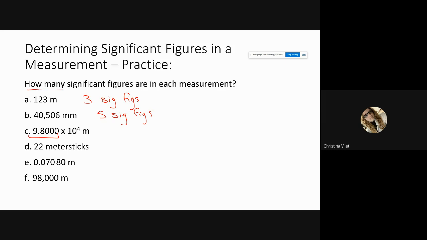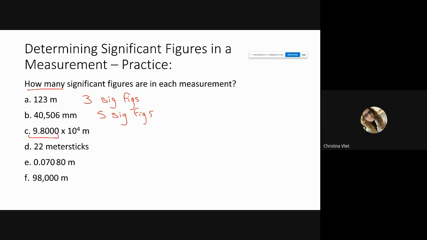You don't look at the times 10 to the 4th because that just holds how large or how small the number is. If you wanted to, you could evaluate it in your calculator.